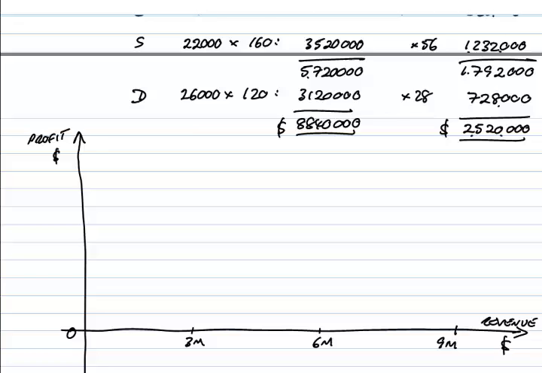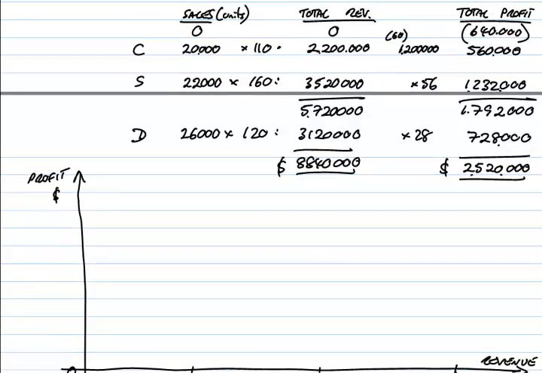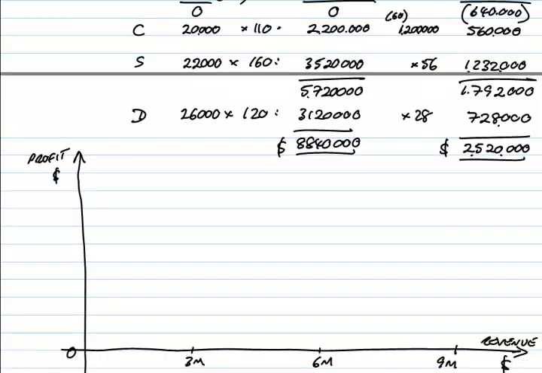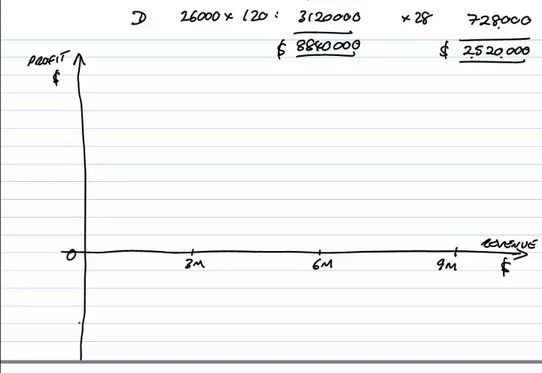As far as the profit's concerned, we've got to show the profit going between minus 640 and plus 2520. So if there is a 640,000 loss, actually that's not going to quite work. It'd be easier obviously with graph paper, but 2520, I'll start with that one. I'll put 2.5 there.